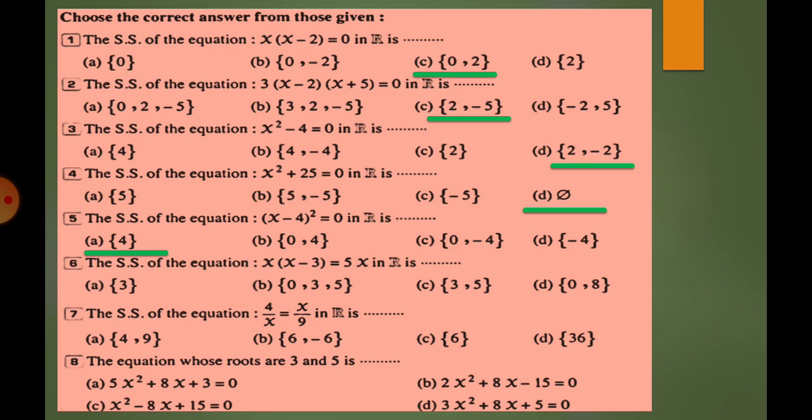So factorize x power 2 minus 8x by taking x as the common factor. It will be x times (x minus 8) equals 0.